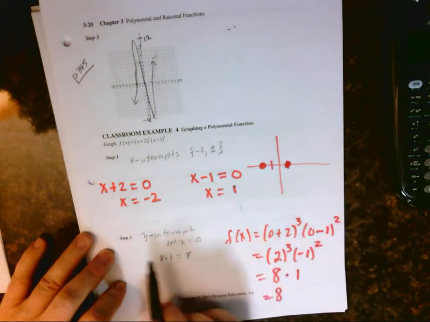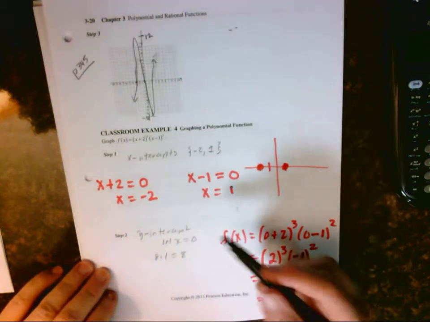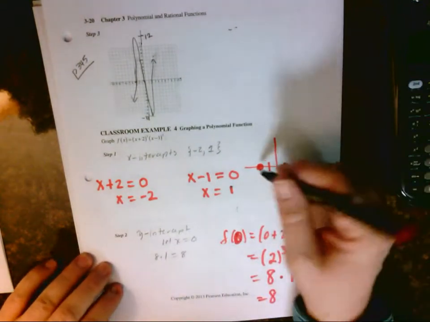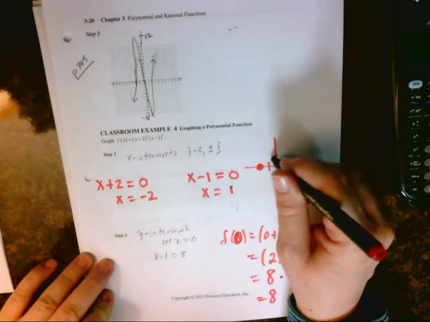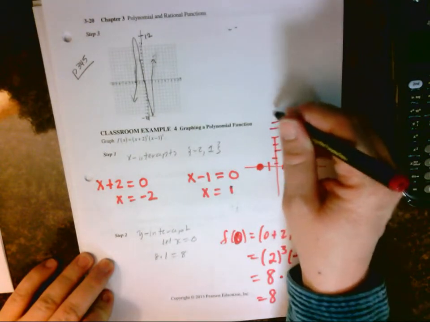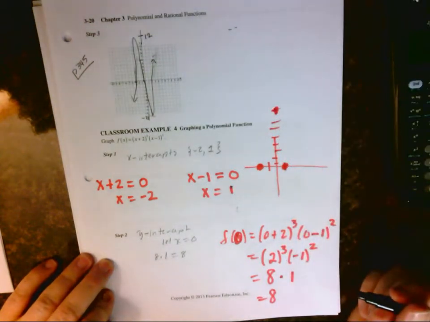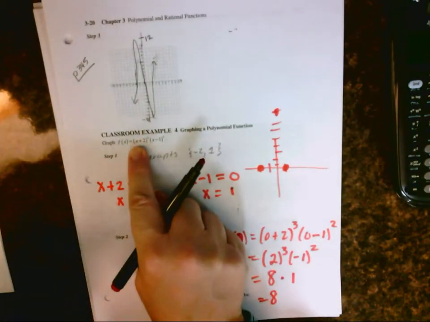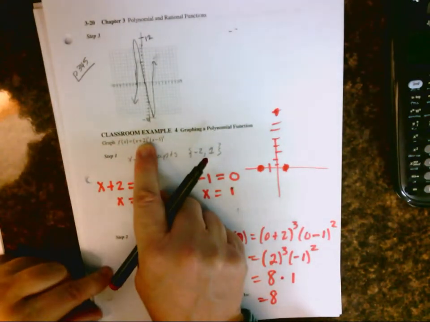Okay, so we put a 0 in, f of 0, and we got an 8. So at x equals 0, y is 8, right?